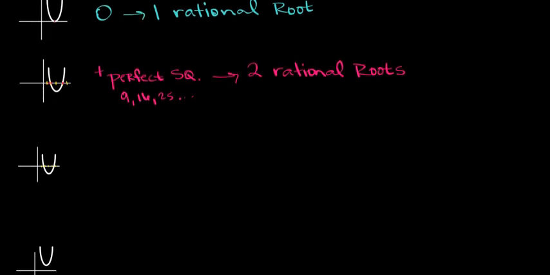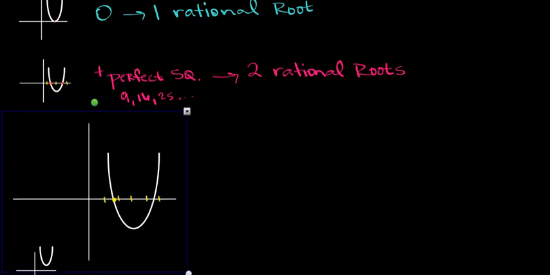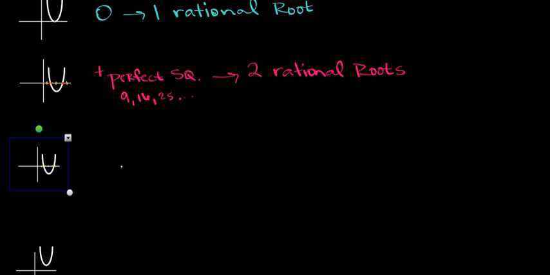Now there is another option if you get a positive answer. This would be a quadratic that does not hit at pretty numbers. It hits at any type of decimal. Now if you have any type of decimal there, what you're going to end up with is a positive discriminant, but it's not perfect.